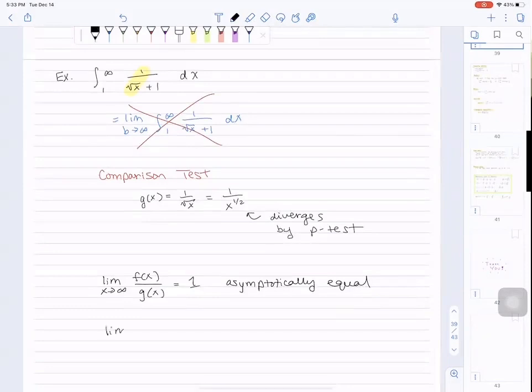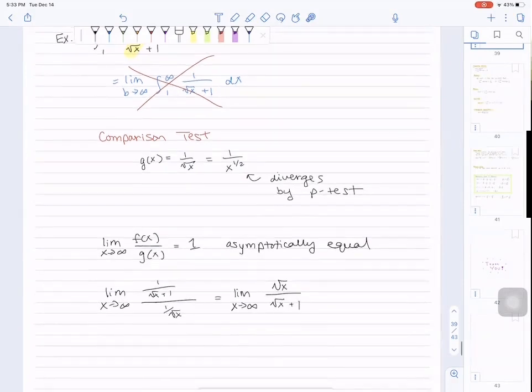If we take the limit of our complicated 1 over square root x plus 1 over what we know, what does that give you? That gives you the limit as x approaches infinity of square root x over square root x plus 1. By the limit going to infinity rules, the degree of the numerator equals the degree of the denominator. Since the degrees are equal, that limit is their coefficients. What are the coefficients?